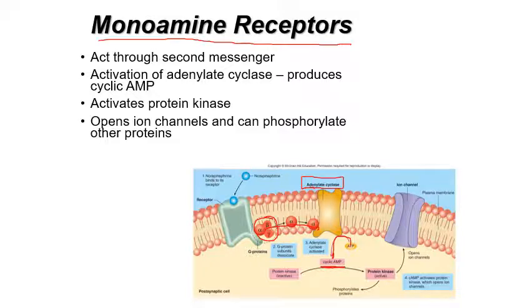Okay, but this activation of second messenger, making the cyclic AMP, can activate many proteins and can also cause opening of ion channels. But it can also have the effect of activating other proteins in the cell. But these monoamines, their receptors are G protein coupled receptors.